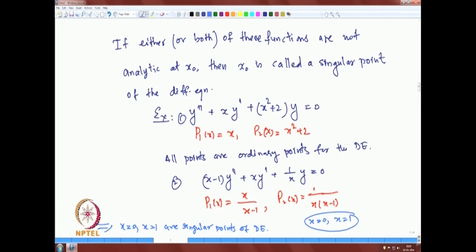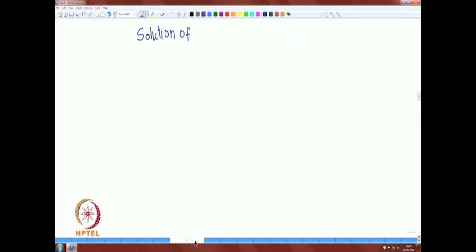Now, if x0 is an ordinary point of a differential equation, then we have a sufficient condition to guarantee a power series solution. So, now I state the theorem.